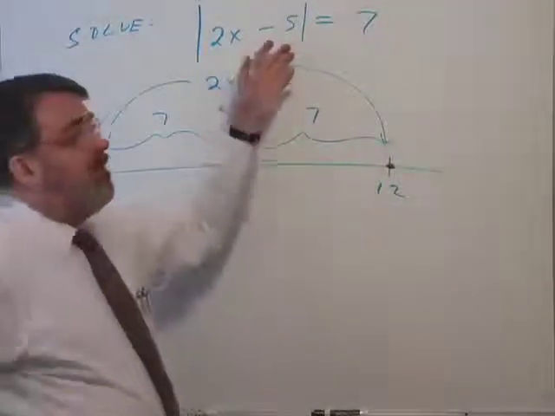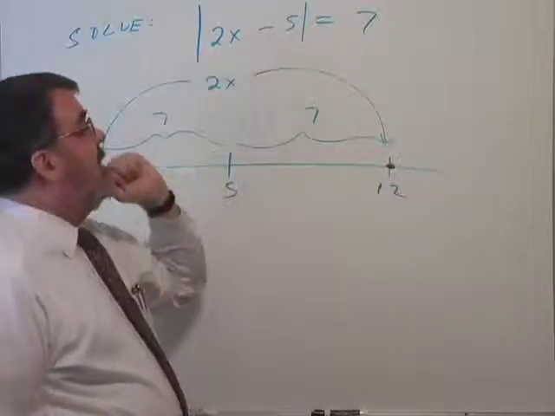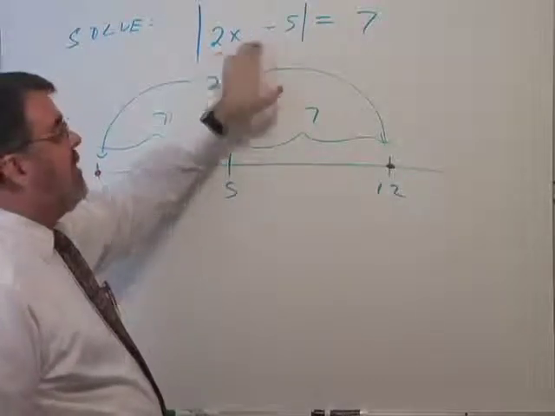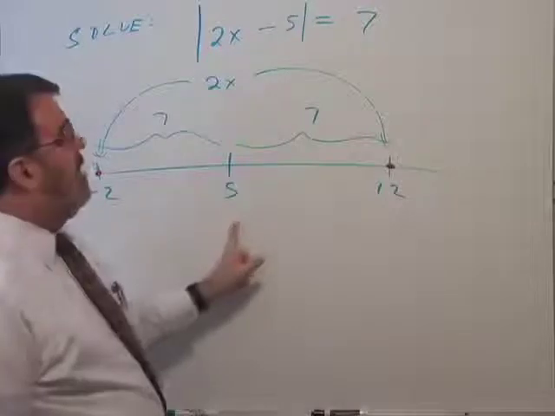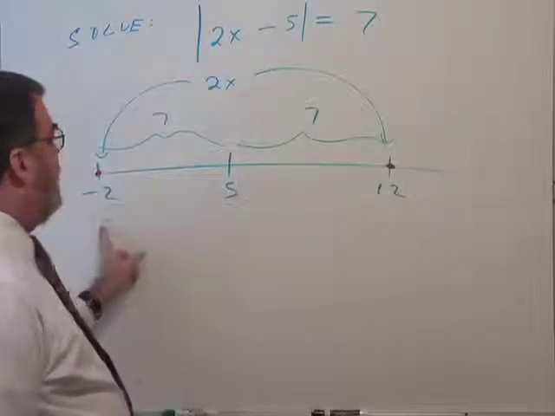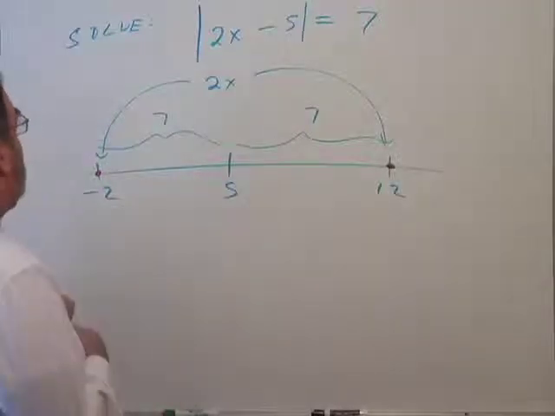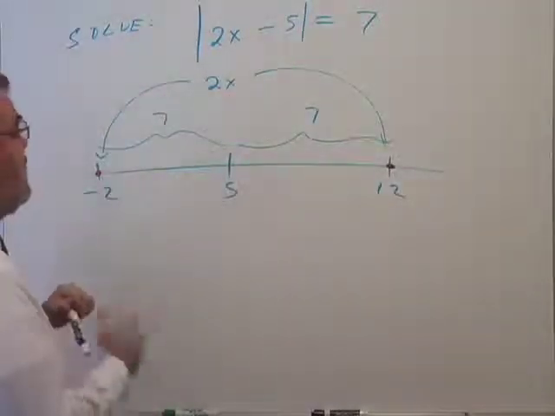So this says that this is a collection of points x such that the distance between 2x and 5 is 7. Here's 5, 7 forward, 7 backwards, gives me negative 2 here and 12 over there. And 2x is equal to that, because that's the distance.